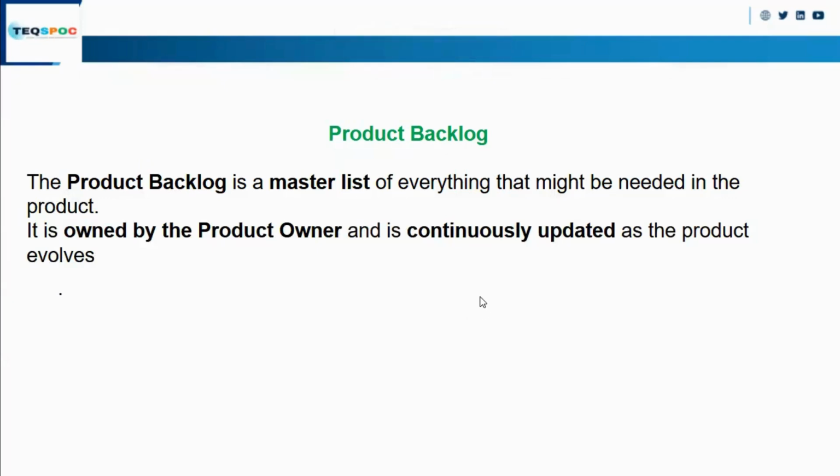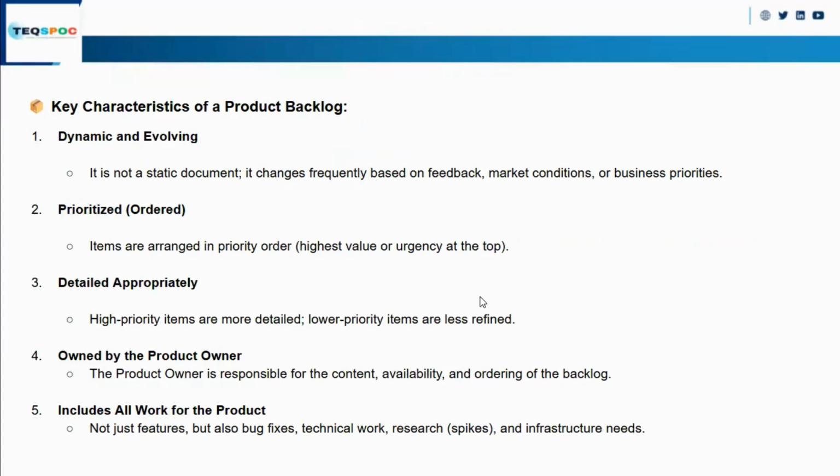As we have seen what is product backlog, now coming to the characteristics of the product backlog. First, product backlog is dynamic, means it will keep on increasing. Then in product backlog, we can store the requirements according to the priority, means high priority in higher, low priority in lower. High priority elements will be in more detail, and low priority elements will be less refined.